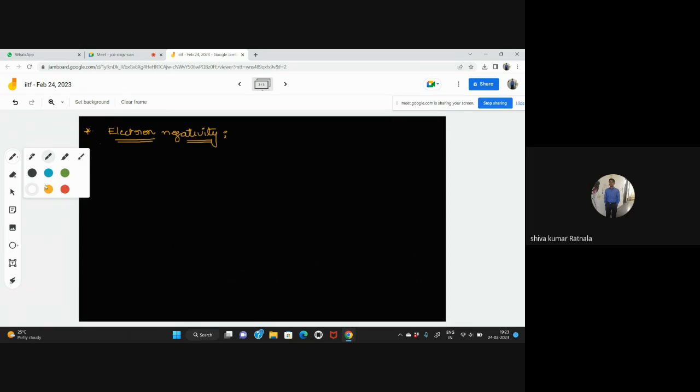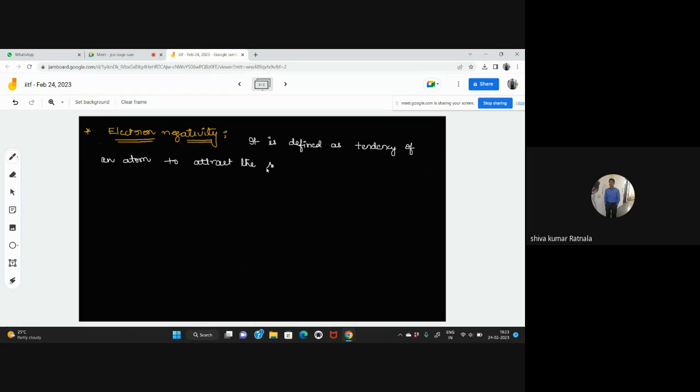So electronegativity means, it is defined as the tendency of an atom to attract the shared pair of electrons of a covalent bond towards itself.